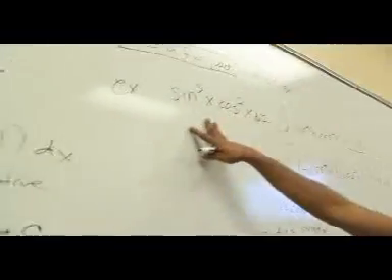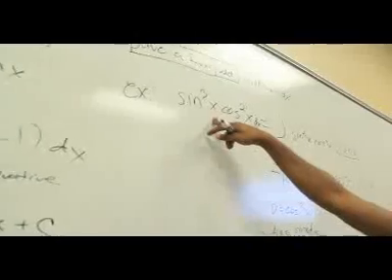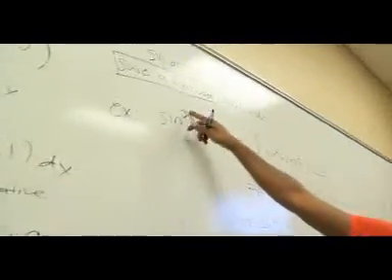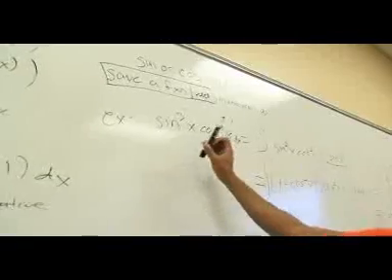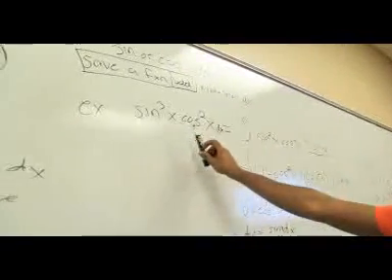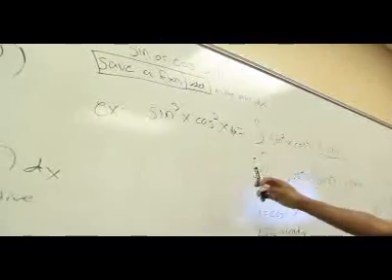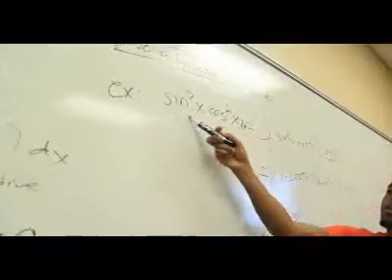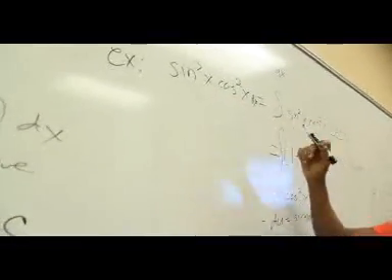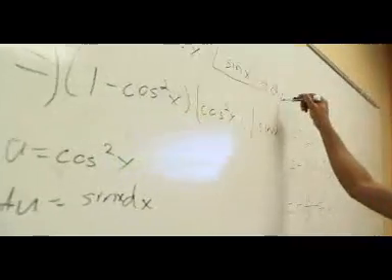Okay, now if we have a function and one of our exponents is odd, and we have sine and cosine, this is what we do. We have to save one of the odd functions and make it our dx. So we take one of these, this is the odd one, take one of these right there and put it as our dx.